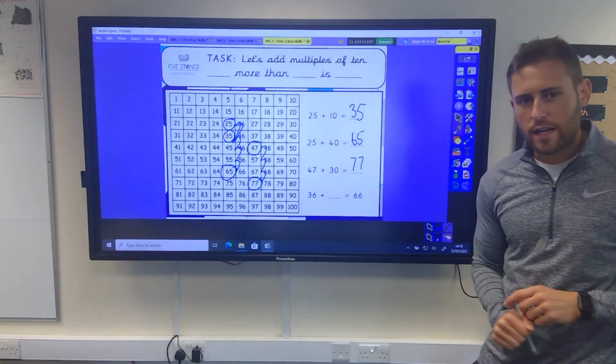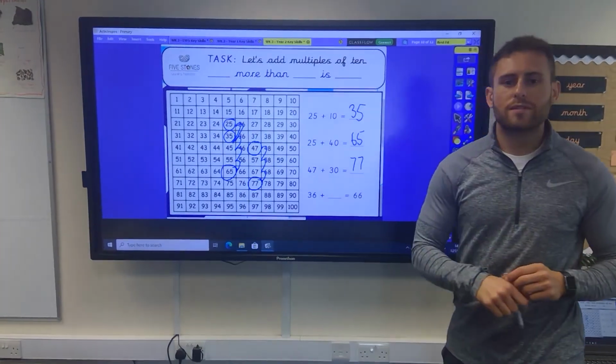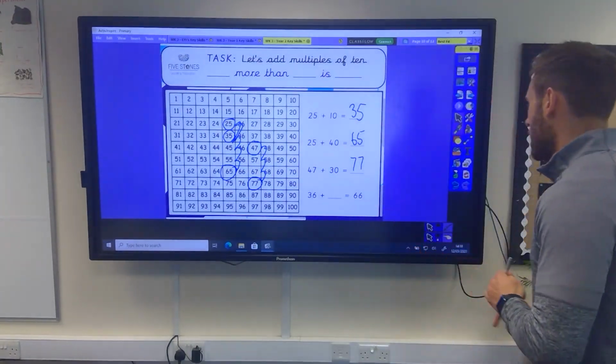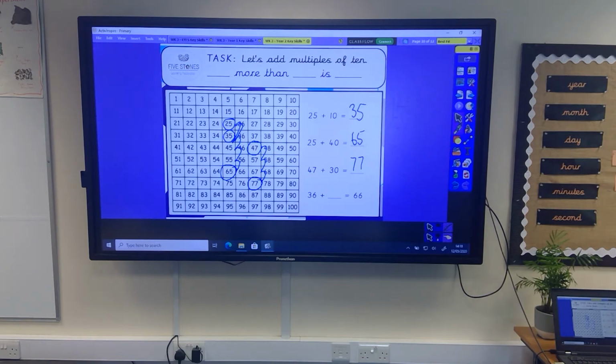We've got 36, add something equals 66. Have a little think. What might that be?